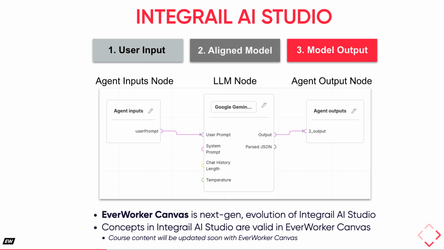The LLM's output is then handled by an agent outputs node to be delivered back to the user. Core concepts we'll be defining shortly, such as system and user prompts, are all configurable elements within Integrail AI Studio. The next generation version of Studio is EverWorker Canvas. While the specific interface may evolve, the underlying principles remain consistent.